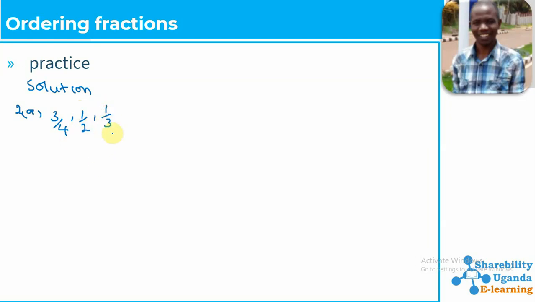So this is the number that we are having. For us to be able to get the lowest, I'll first look out for the lowest common multiple of these denominators. When you look out for the common multiple of these denominators, it will help us to get the lowest common multiple.